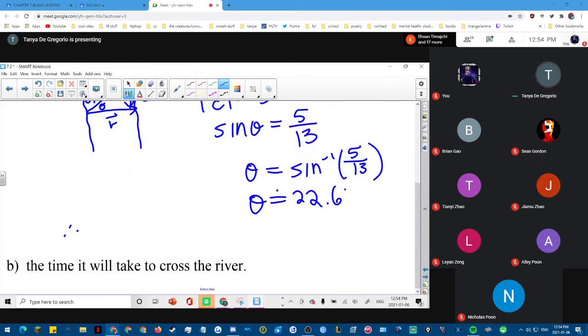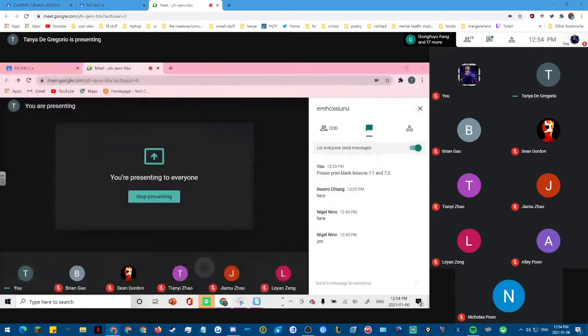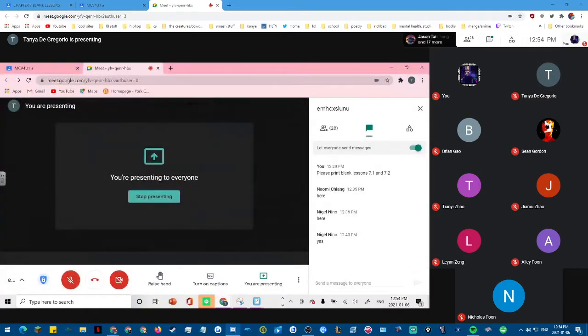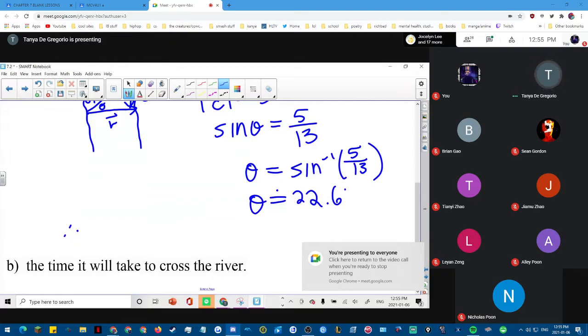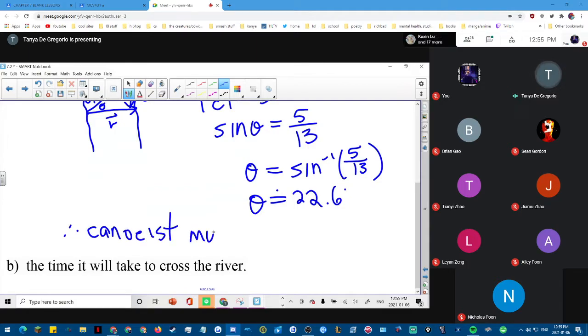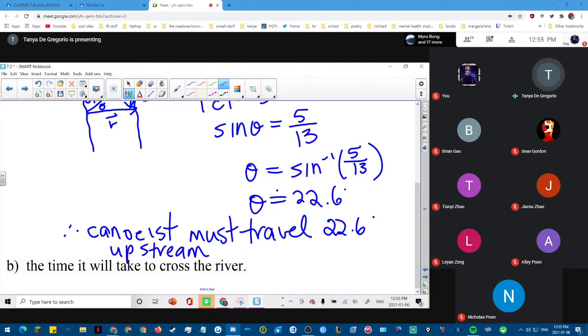Sorry guys, give me 1 second. Okay, so therefore, the canoeist must travel 22.6 degrees upstream. And now you have to say from where.